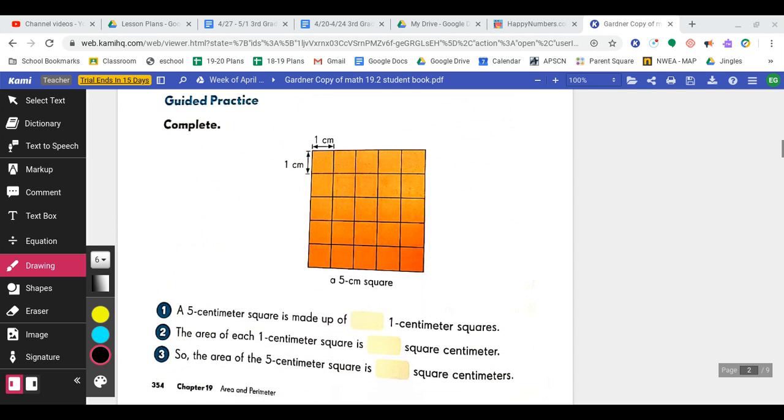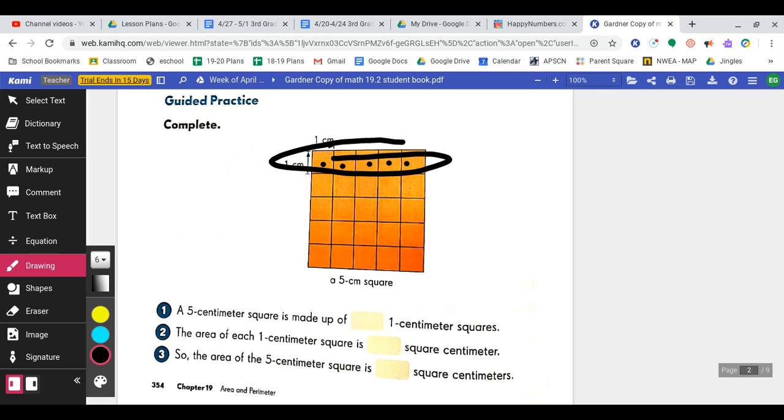Let's put that into practice here. So each of these square units is 1 centimeter squared. We are going to count how many squares there are across and then how many there are down. I'll circle the group that we're looking at. So we have here 1, 2, 3, 4, 5 square units across.